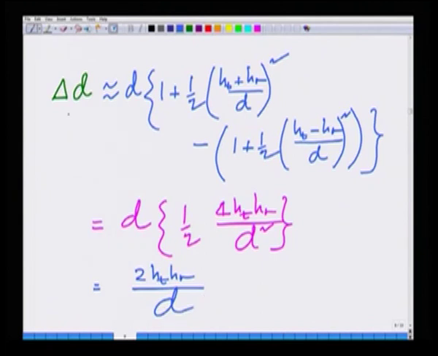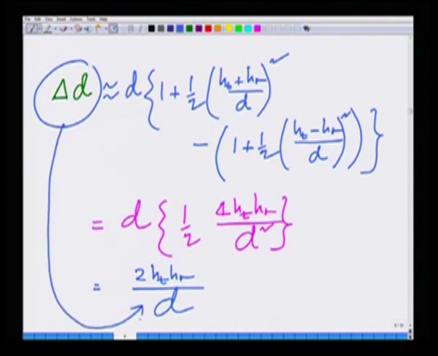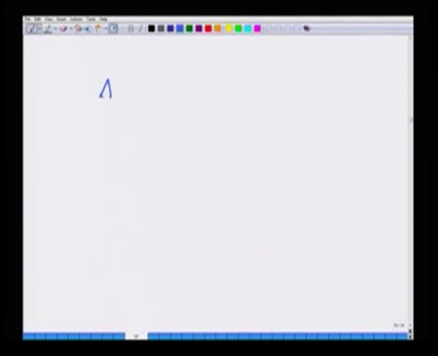Hence, what we are saying is this delta d distance is approximately equal to 2 ht hr by d.